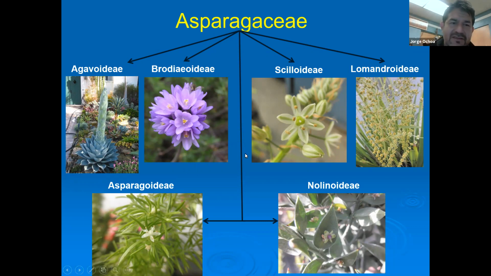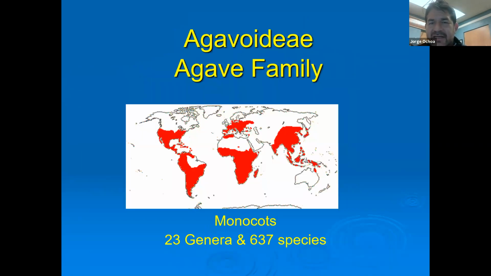So we are going to concentrate on just the Agavoideae and the members of that group, which are going to be common in ornamental use. So Agavoideae, and we're just going to say the Agave family, even though it's not a family. It is a subfamily. The Agave genus is going to be primarily American, so it's going to be another almost exclusively American plant group.